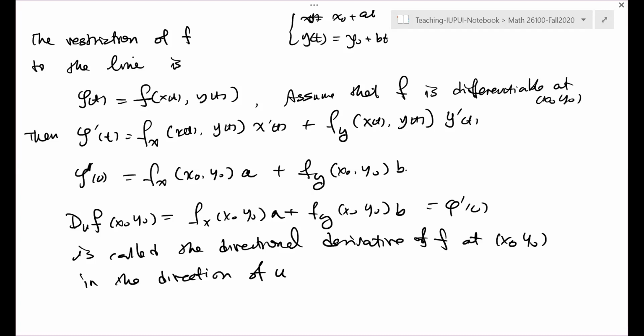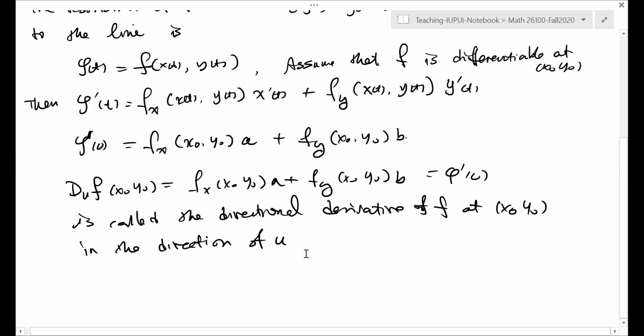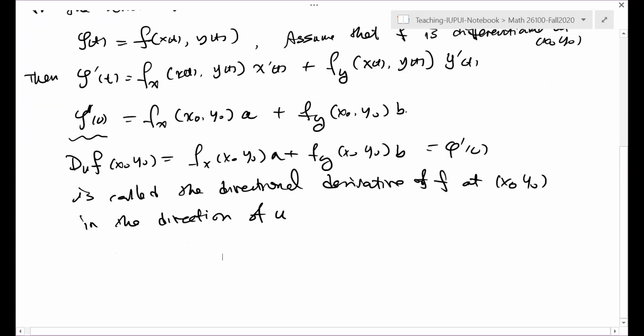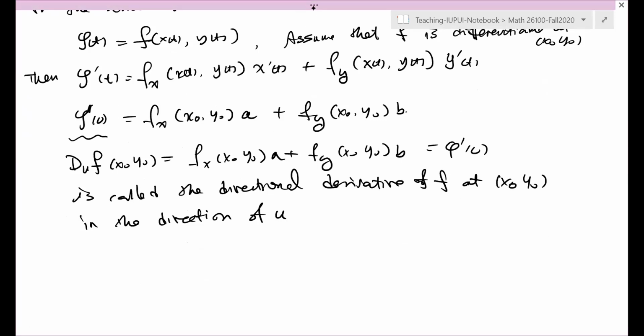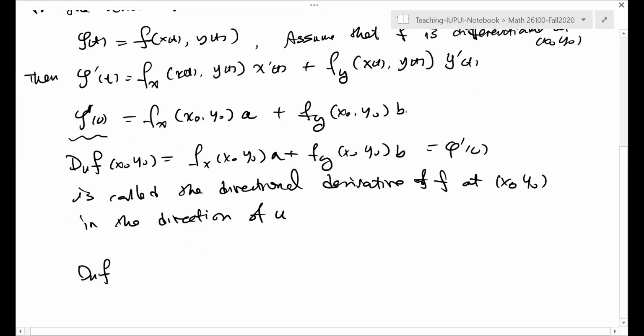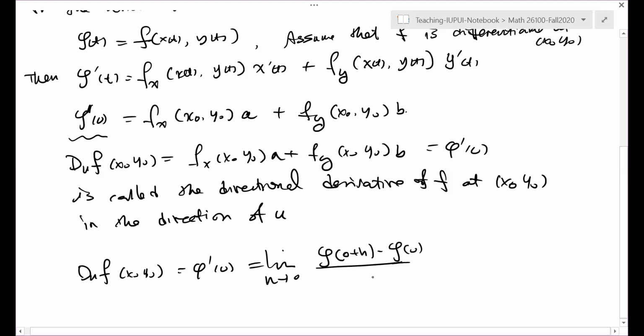So we can use a limit to define the directional derivative, because phi prime of 0, by definition, right? Let me give you the original definition, but it's not very useful. That's why we just use a formula for that. So the directional derivative of the function at this point is going to be the limit of phi of 0 plus h minus phi of 0, over h, right?